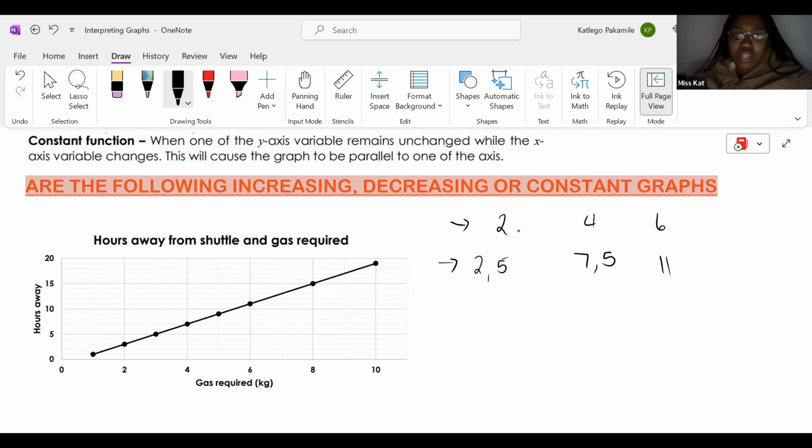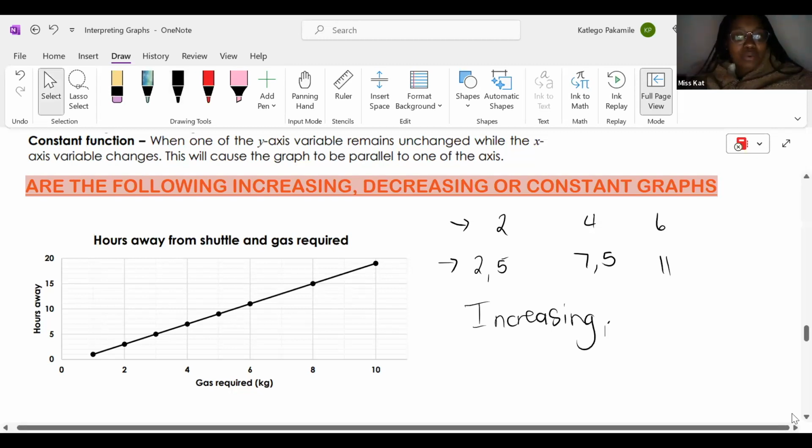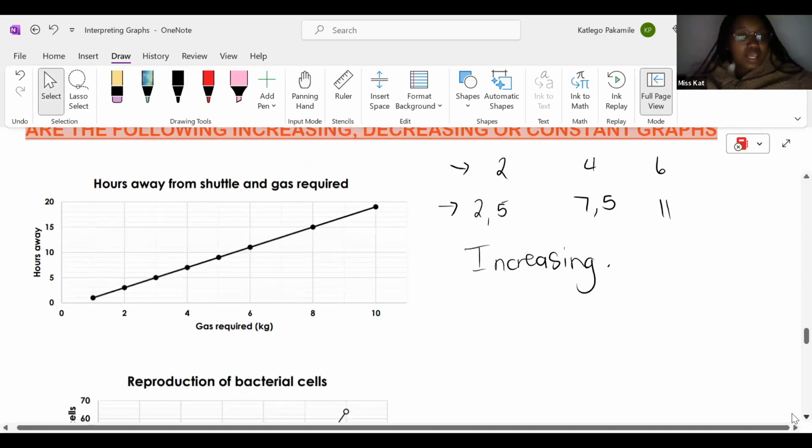Yeah, both are going down. It can work that way. Then this would be an increasing graph. Remember what I said about points? You're going to have to be able to identify it without a graph. Hint, hint.